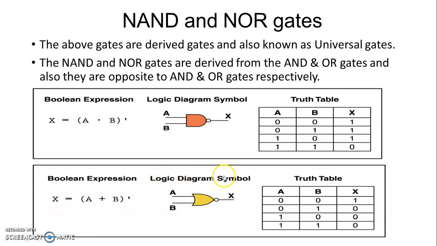Logic diagram symbol for NOR gate: here A and B are two inputs, here it is OR gate, bubble is NOT gate. By adding these two, we are getting NOR gate and X is the output. Here, as I said, if both the input values are low, that is 0, the output value is 1, which is high, otherwise they are low.